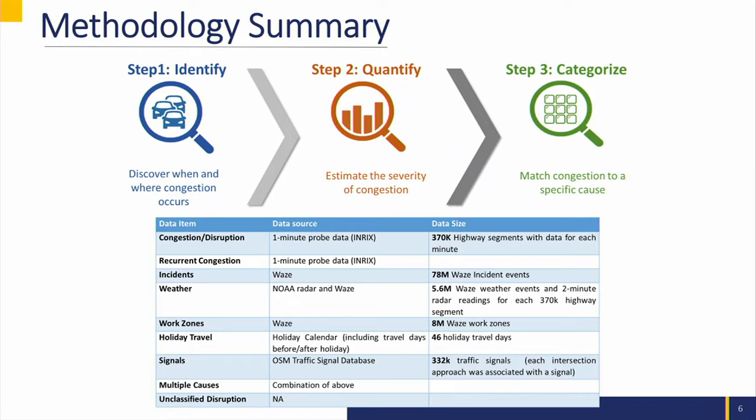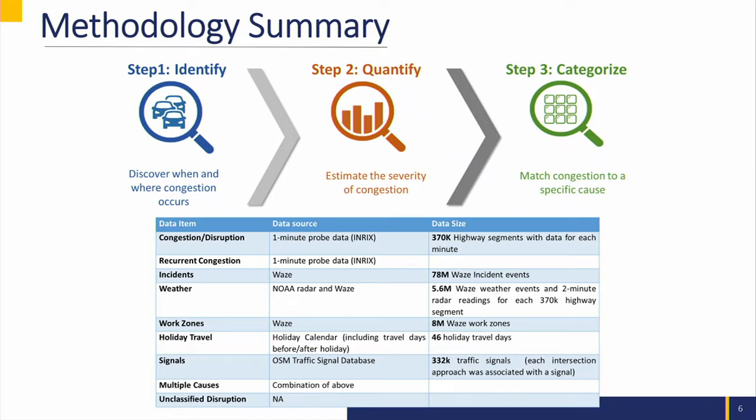Then we had traffic signals. Again, there's not a national database, and we even learned that some states don't even know where all of their signals are, and it's partially because of the systems that they have, but there's also differences in jurisdiction. So sometimes counties own and operate traffic signals, and then local jurisdictions, cities and townships own and operate their own. So getting all that data into one database is tricky, so we had to rely on OSM to estimate where the traffic signal locations were.